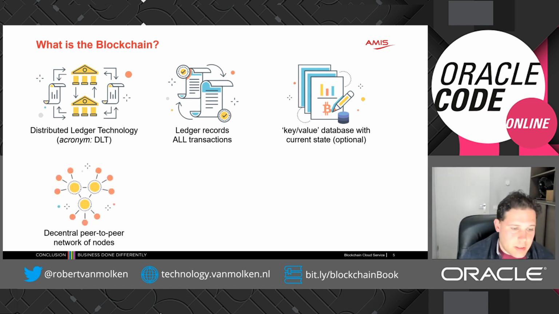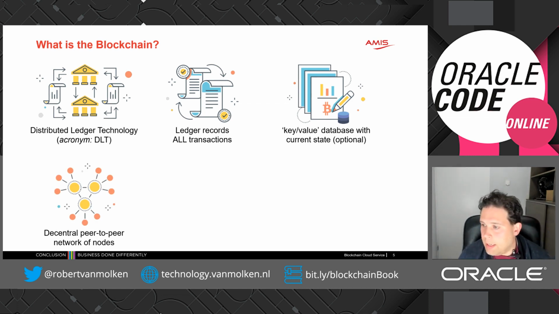It's a decentralized peer-to-peer network of nodes, and this means that the data is distributed to all nodes in a trustless manner using the peer-to-peer protocol in near real time.